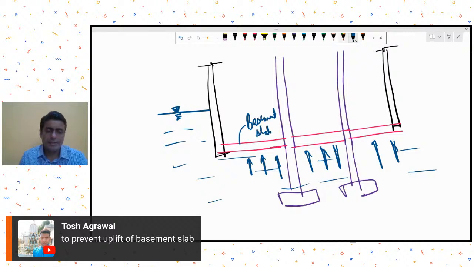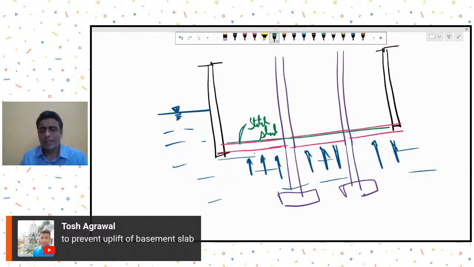I have personally seen projects where this slab has failed and given way, and then the underground water just fills up the whole basement. So I guess he is calling this a stitch slab, is it?